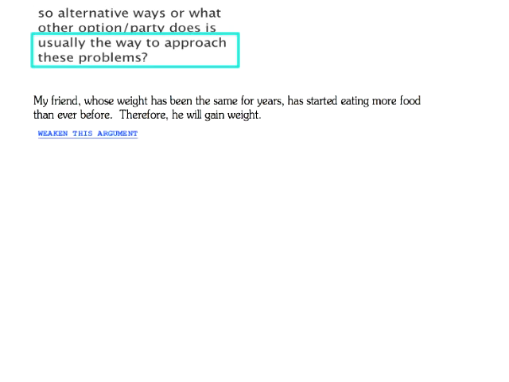Okay, different food, exercising more, sure. Different food that for whatever reason is less conducive to weight gain, okay. No, portion control, no, because he is eating more food than ever before.